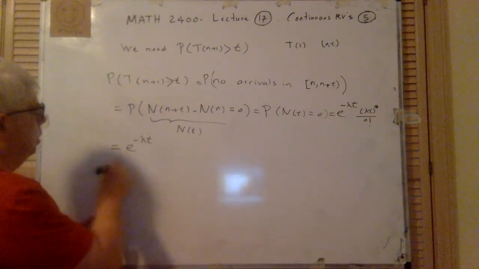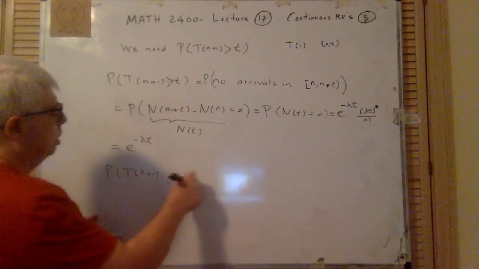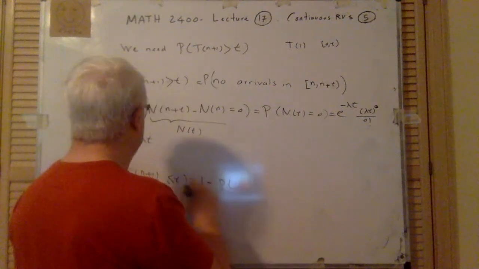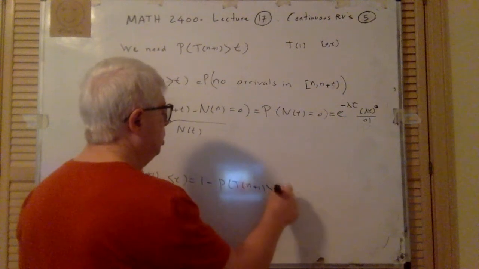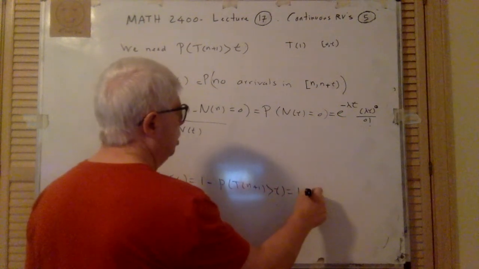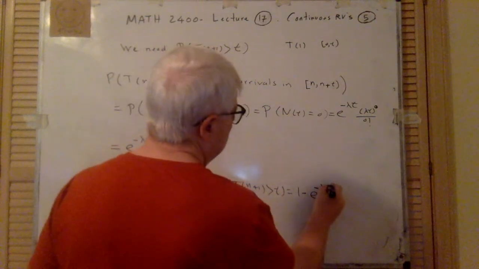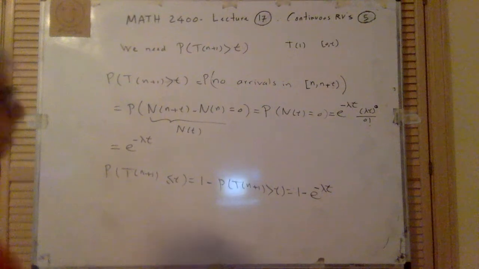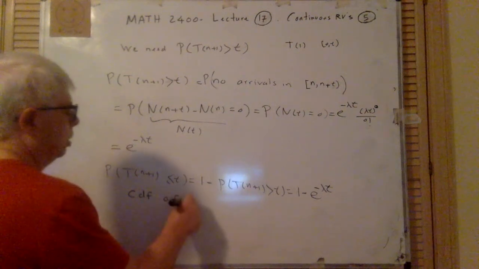So what is P of T(n+1) less than or equal to t? That is 1 minus P of this thing, T(n+1) bigger than t, which is 1 minus e to the power minus lambda t. Okay, so what is it? This is the CDF of what?